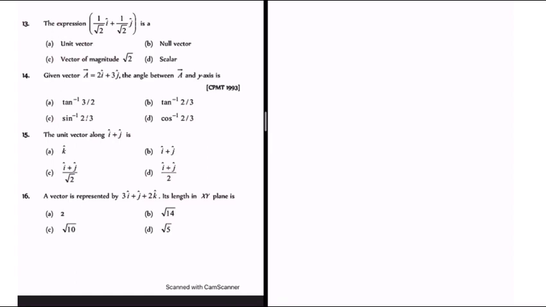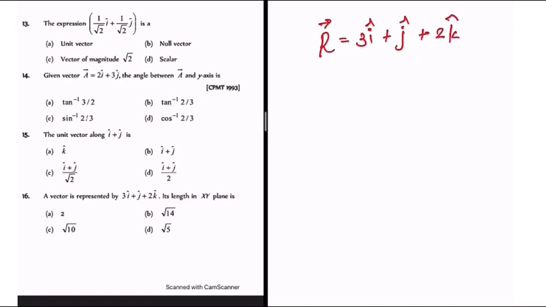Question number 16. Very simple. Say vector R is 3 I cap plus j cap plus 2k cap.